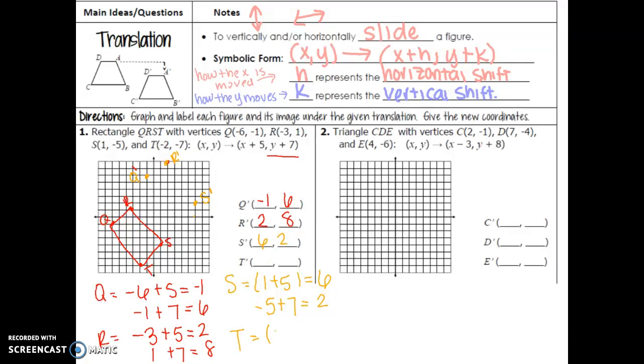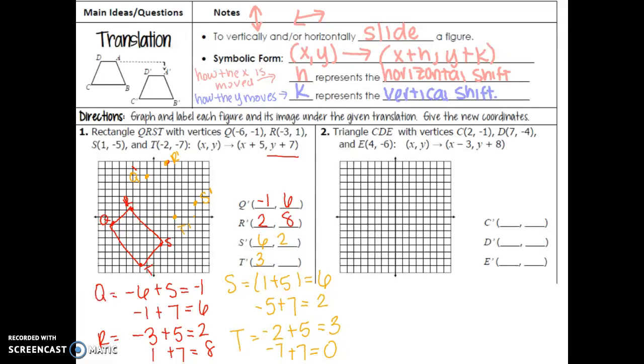And last we have T. T started off with a negative 2. I'm going to add 5. That is going to give me a positive 3. Then for my y, that was a negative 7. I'm going to add 7. That's going to give me 0. So T prime is going to be at 3, 0. So 1, 2, 3, 0.